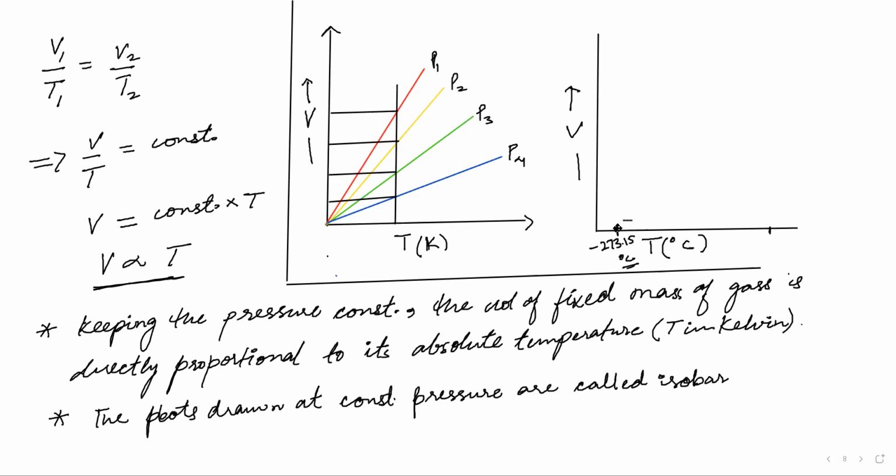So 0 Kelvin will not be at the origin. It will be like this. Correct? Because at 0 Kelvin, that is minus 273.15, we have the volume as 0. And then when we start to increase the temperature, the volume will be increasing, like this. So you have two graphs here.